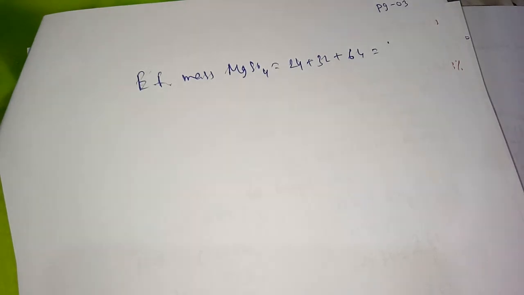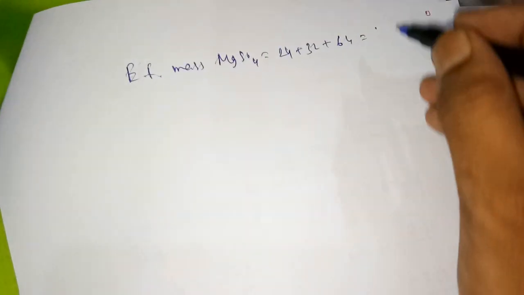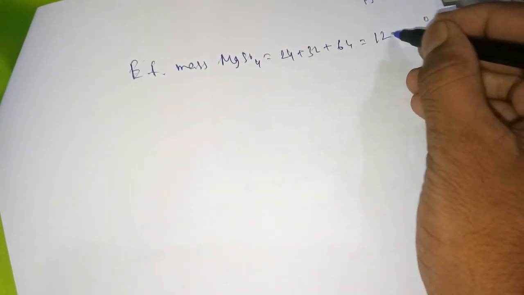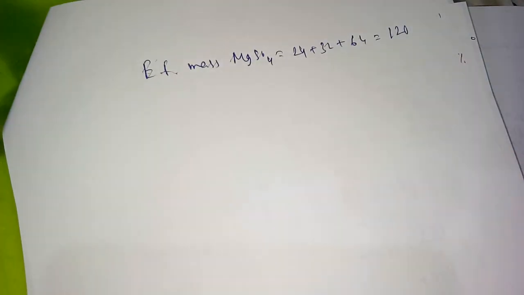What is the sum that is coming? You just calculate, student. I am giving you some time. Do your calculation first. You will get the answer by adding this. It is 120.